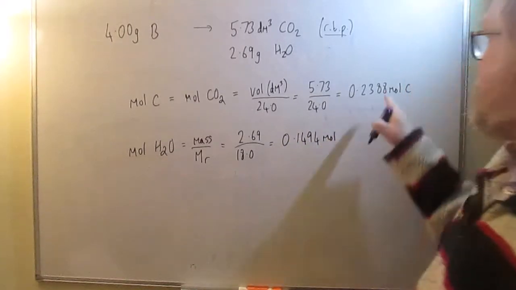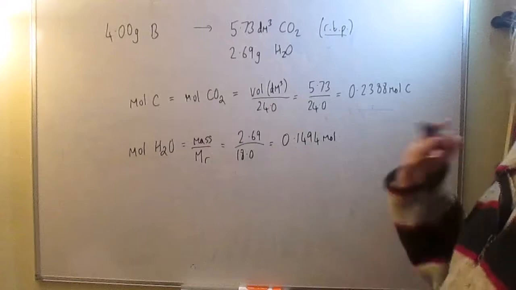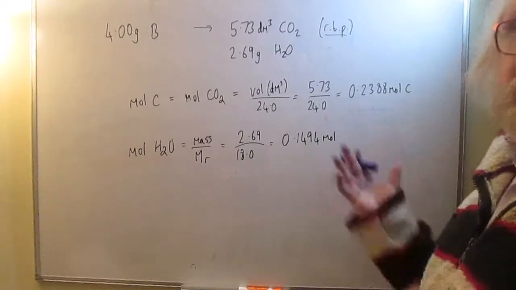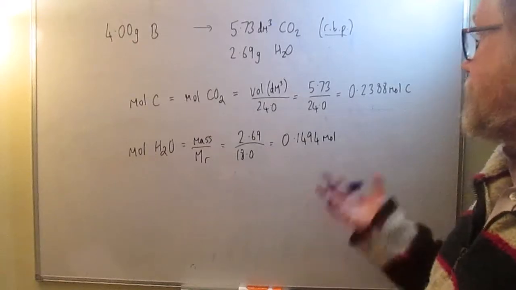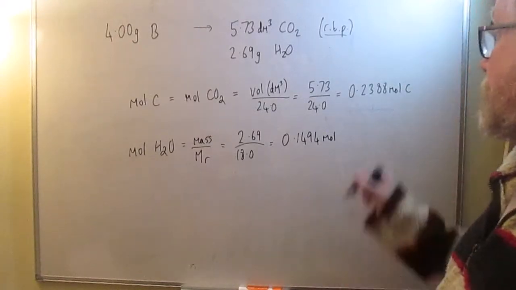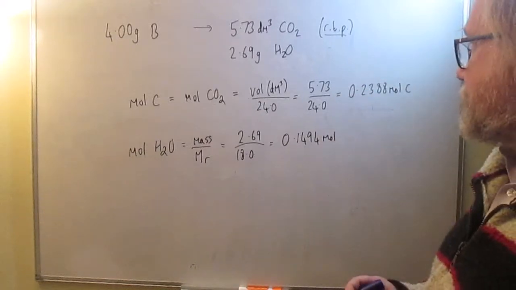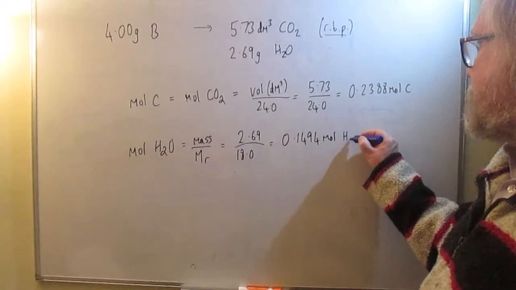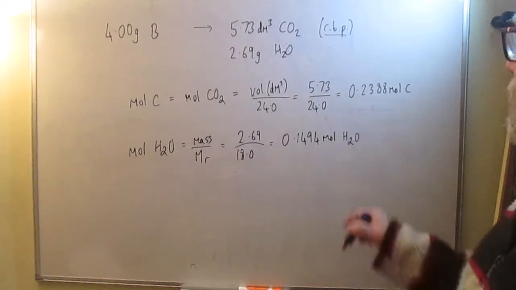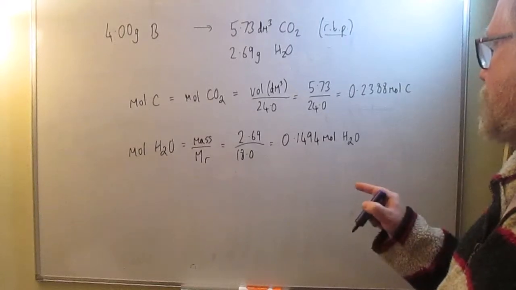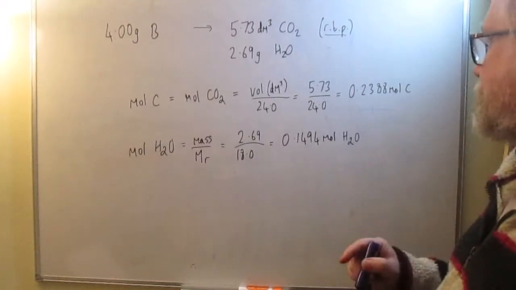Okay, notice all the time we're using lots of significant figures at the moment. Only round at the end, and then you avoid getting numbers different from those the examiners are expecting by rounding at an earlier stage. So it was just a bit risky to do that. So keep lots of figures and round at the end. So that's the moles of water, but that's not the same as the moles of hydrogen, because each mole of water contains 2 moles of hydrogen.